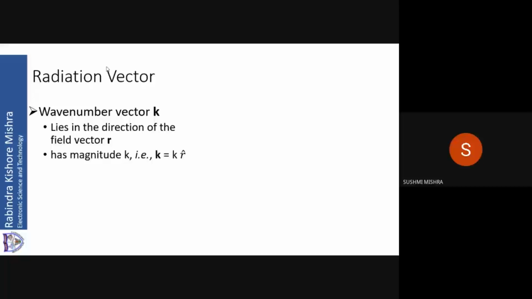Vector k lies in the direction of the field vector r, and it has a magnitude of k. Therefore, you can write vector k as magnitude k into r cap. Why? R cap is along the direction of the field. So the field vector direction is r cap. k is the magnitude, and therefore vector k is equal to k r cap.